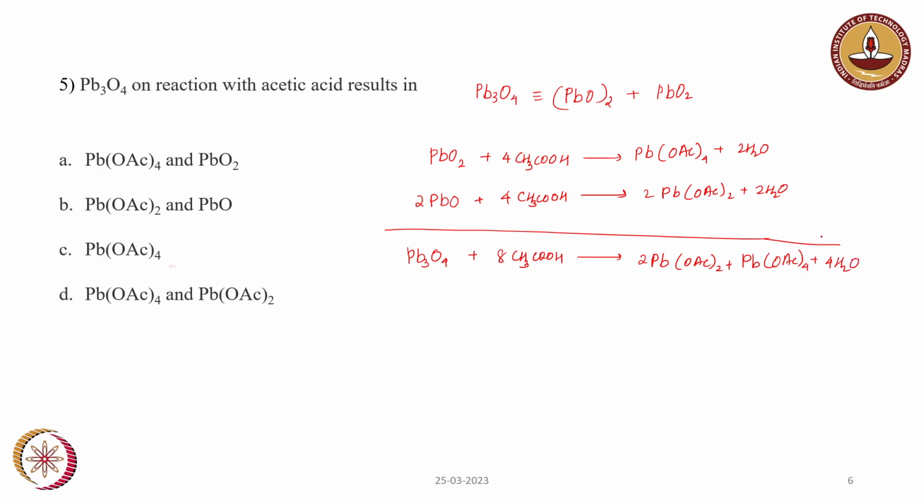So the answer is option D, both Pb(OAc)4 and Pb(OAc)2 will be formed when Pb3O4 reacts with acetic acid.